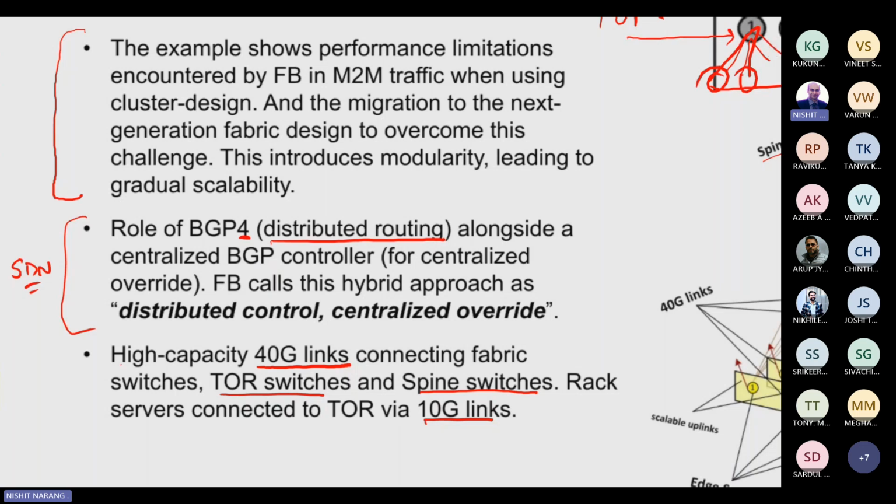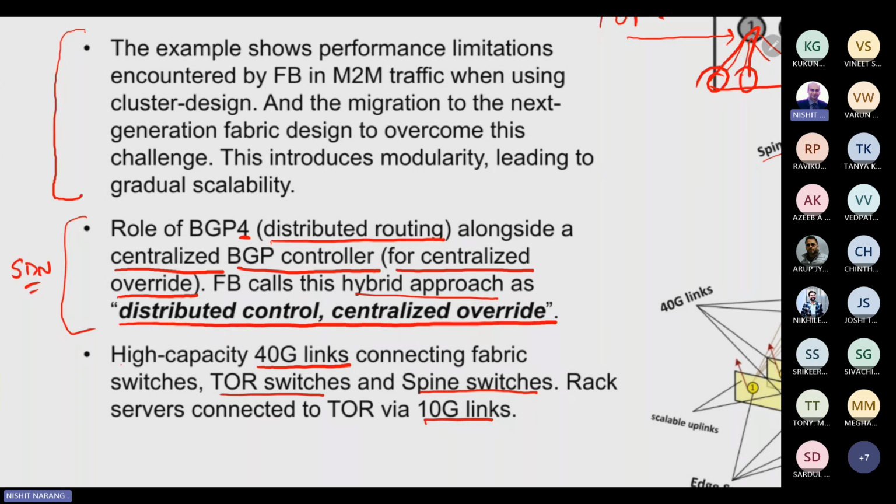In general, they use BGP as a distributed routing protocol for identifying the routes, but they also have what they call a centralized BGP controller. It's like an SDN controller, which is used for centralized override. Facebook calls this hybrid approach distributed control, centralized override.